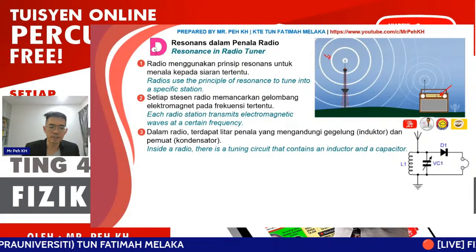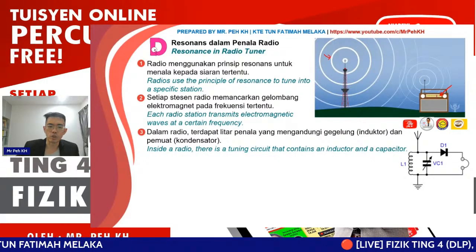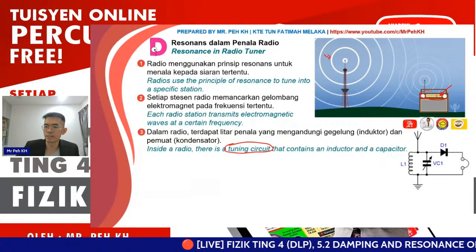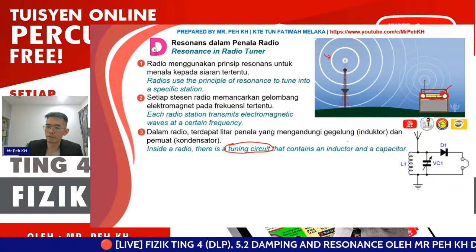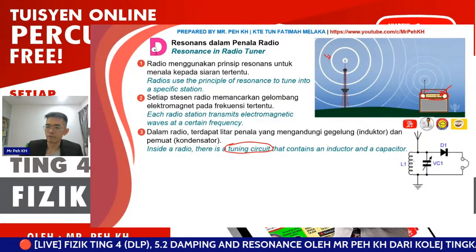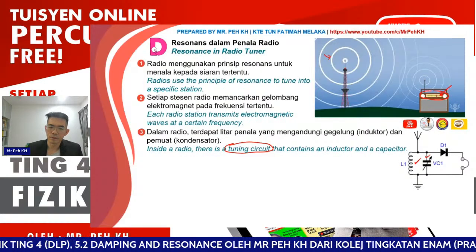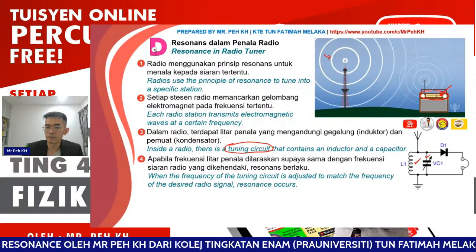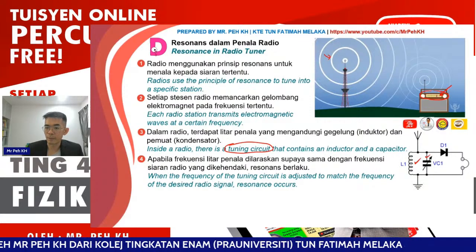Inside a radio, there is a tuning circuit. Inside the tuning circuit, we have an inductor and a capacitor. Here we're not going to discuss in detail how the inductor and capacitor work.